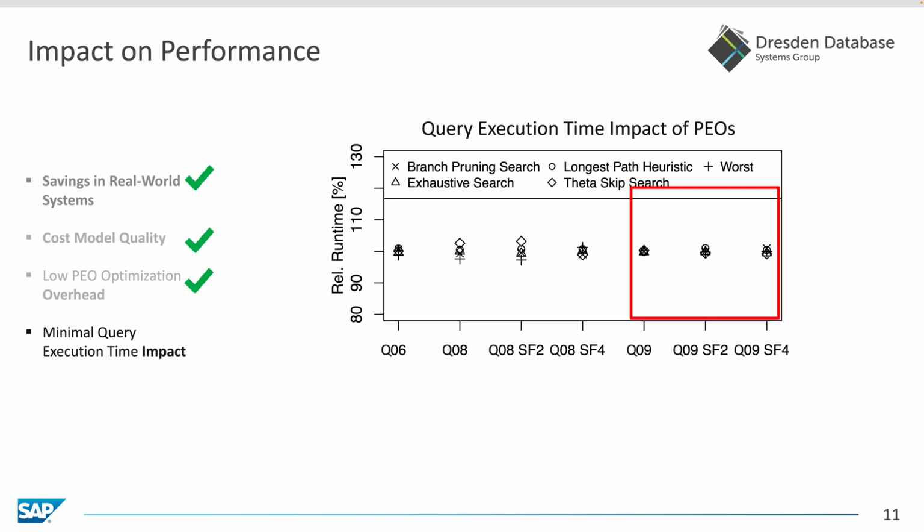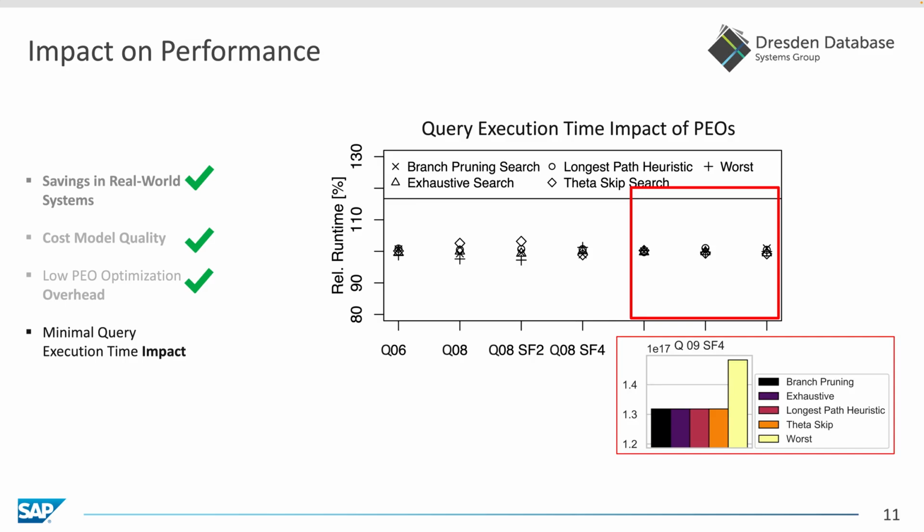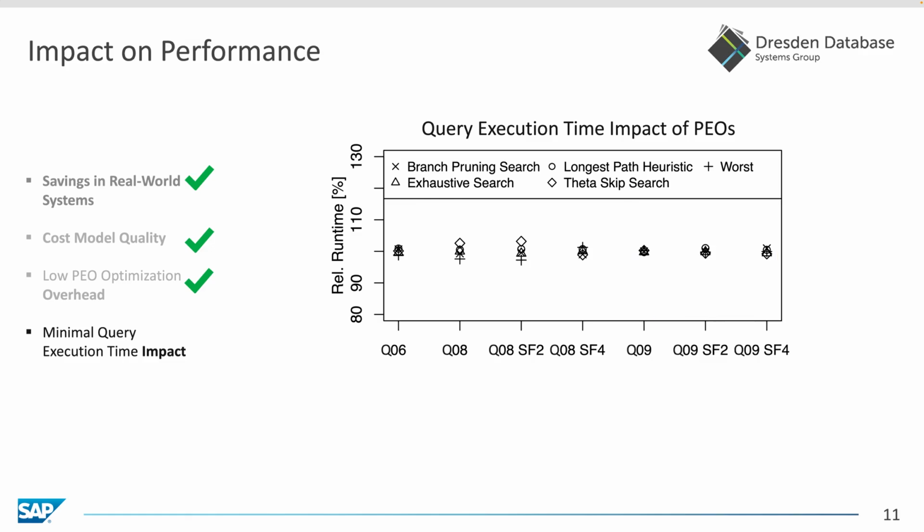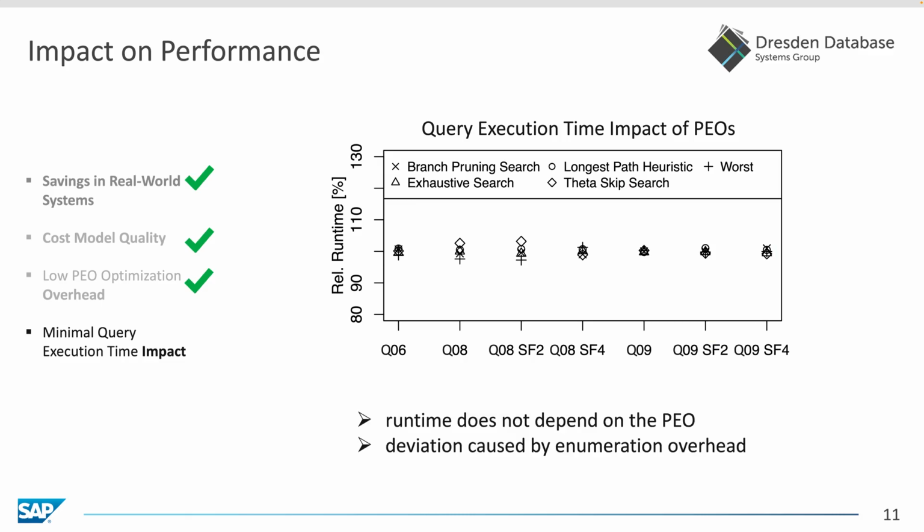And for query 9, which also showed the largest improvements regarding memory integral, we can see first that there is no correlation between the PEO and any kind of measured actual runtime, and also what you can obtain from the graph is that there is indeed jitter, but that jitter is induced by the enumeration overhead of the query. So runtime does not depend on the PEO, and the deviation is caused by the enumeration overhead of the PEO optimization algorithms. So we can also check that there's minimal query execution time impact.